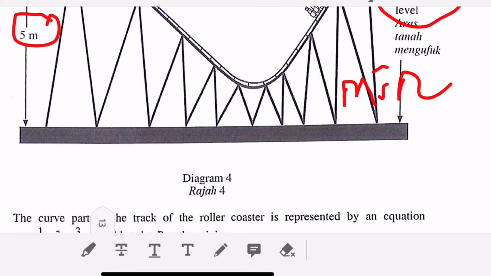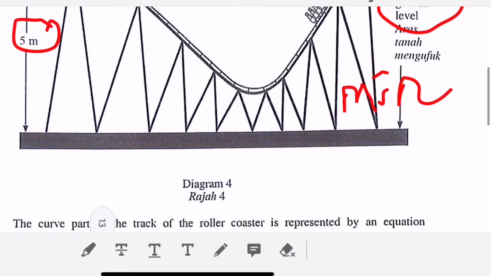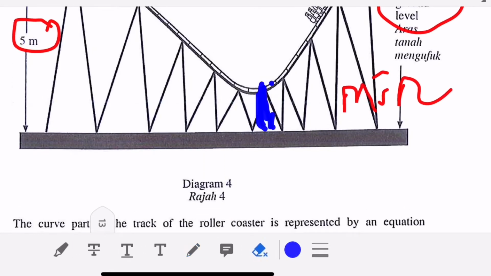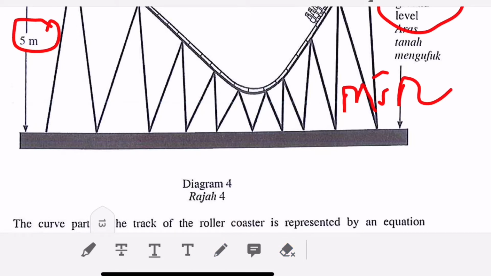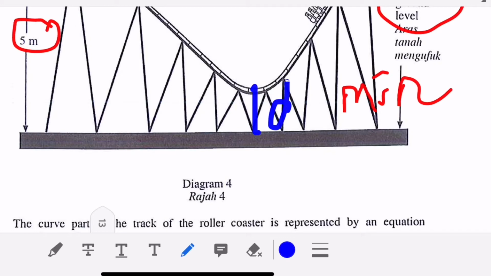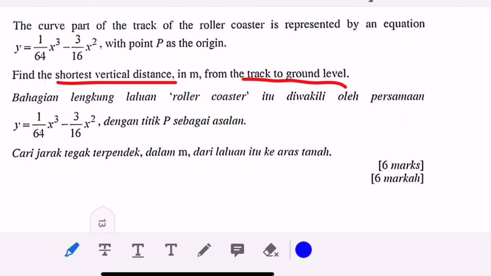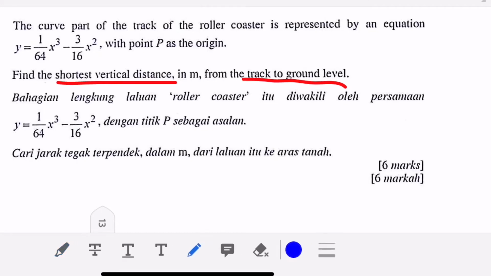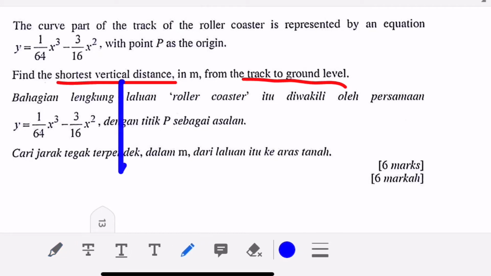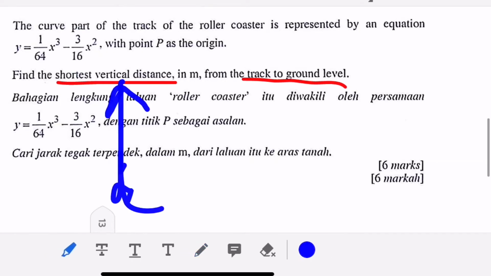So we want to find the vertical distance, which is the shortest one from the track to ground level. As I showed just now, we label it as D, let's say distance. The first step is you write down the curve, which is y equals 1/64 x cubed minus 3/16 x squared, and then you do dy dx. How to do dy dx? Still remember or not?